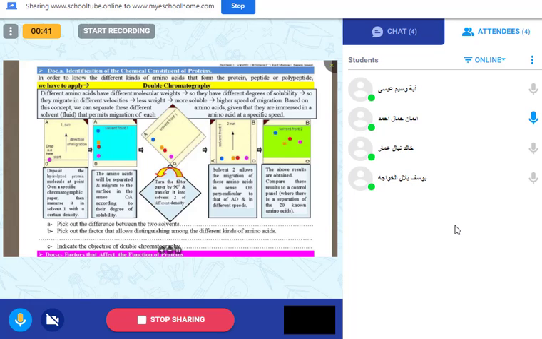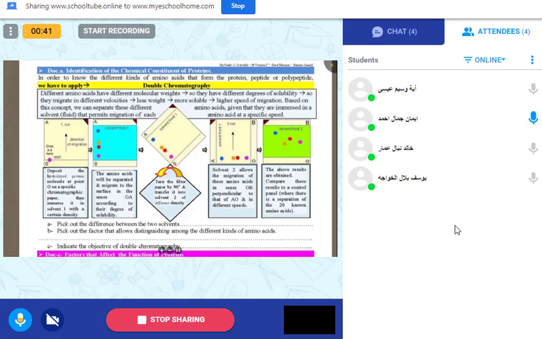If I give you a protein, we know that we have 20 types of amino acids, and I want to know what amino acids will be found in this protein. All amino acids are colorless, so they have no color.